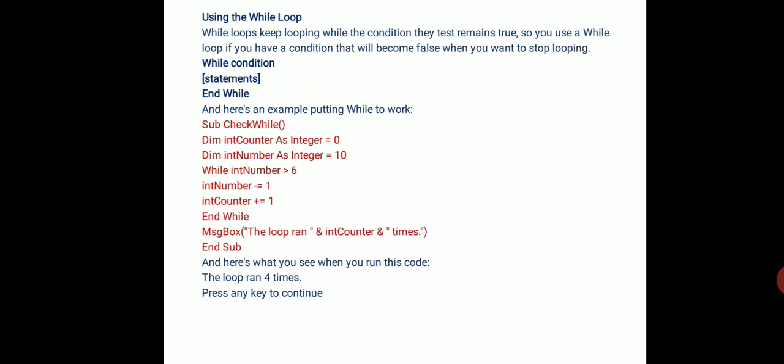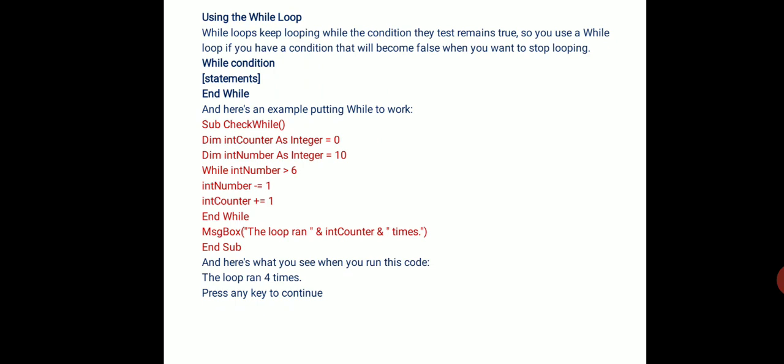Again the while loop checks 8 greater than 6, number is decremented to 7 and counter is incremented to 3.